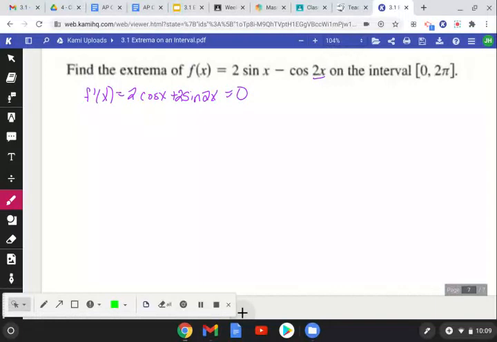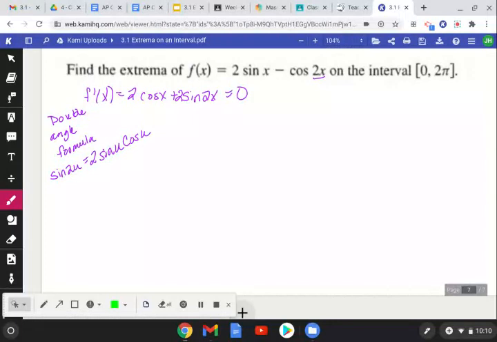So what we're going to do is, it's really hard to figure this out with a 2 in that sine, but there is something called the double angle formula from pre-calc. And the double angle formula says that if I have an angle doubled in my sine, I can rewrite it as 2 sine of that angle cosine of that angle.